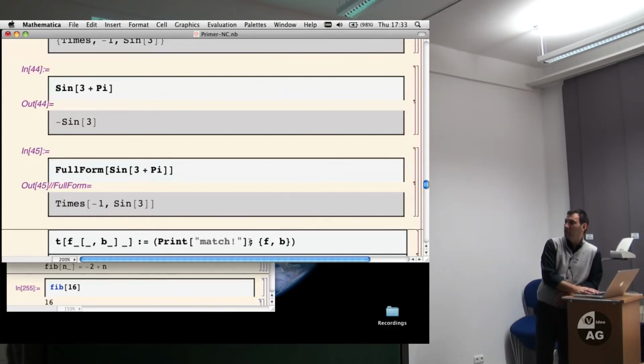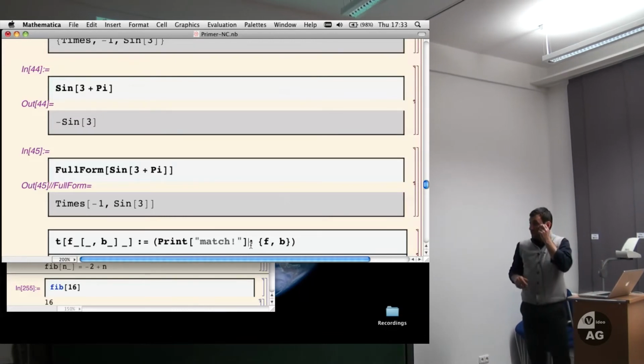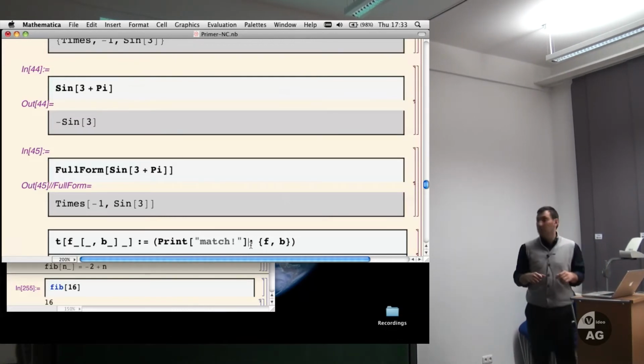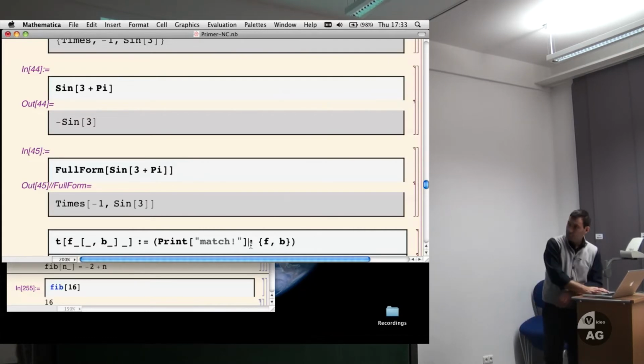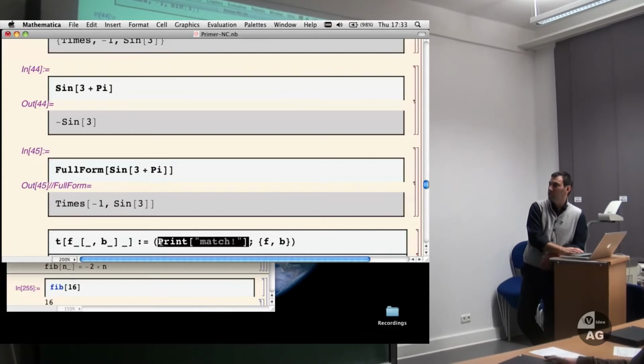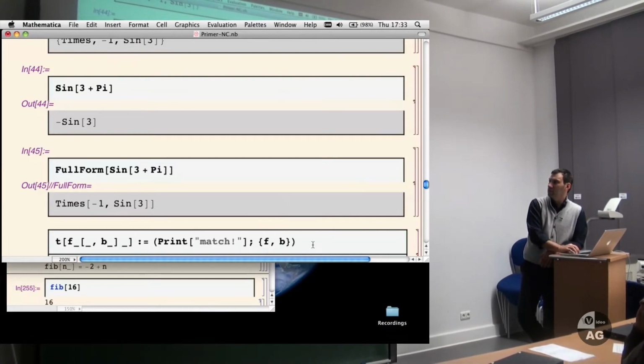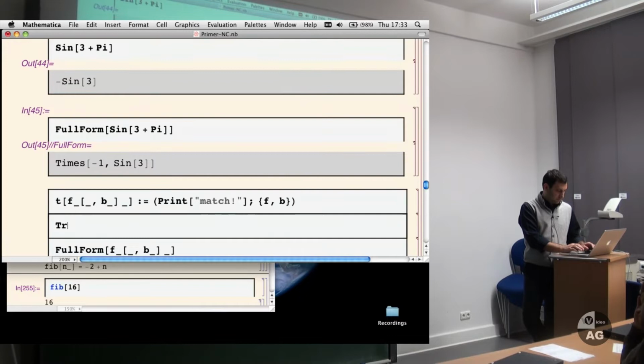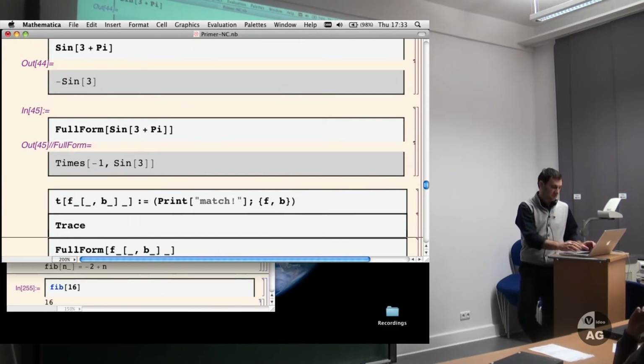You can add a print and then you still do whatever you want, and I will show you such a trick in plotting later on. This helps you to debug or to figure out what is going on. Alternatively, you can use the trace command that shows you how the evaluation is performed.